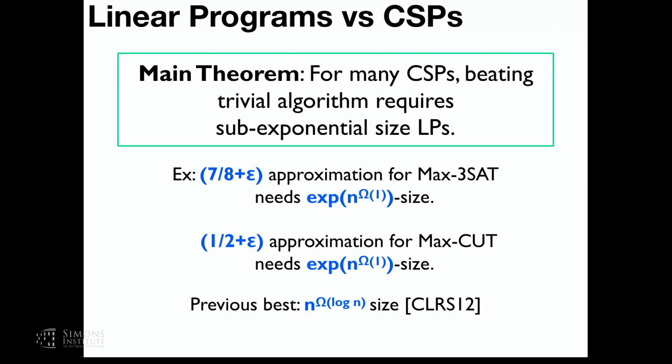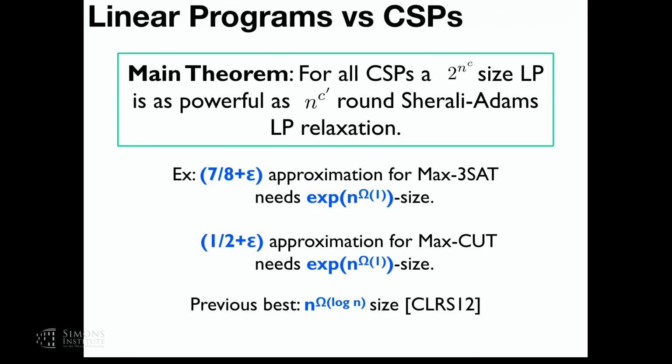And it's more than this. The way I presented it, it sounds like a negative result in that we're saying that LPs cannot solve some problems. But the main result is an upper bound, or an algorithm, which says that as far as CSPs are concerned, sub-exponential size LPs are as powerful as a special kind of LP.